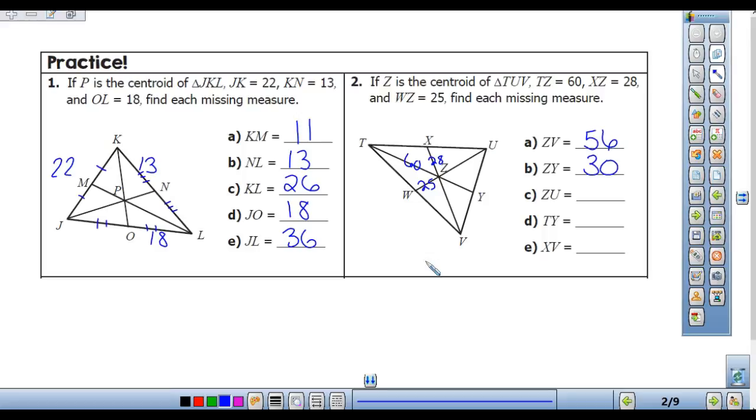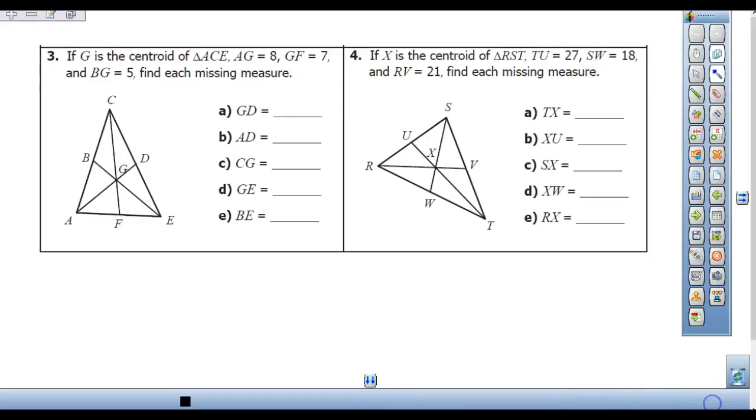ZU, and WZ is 25, what's ZU? 50, because we double the little one. So that makes TY what? 90, good. And it makes XV 84. 28 plus 56, yep.